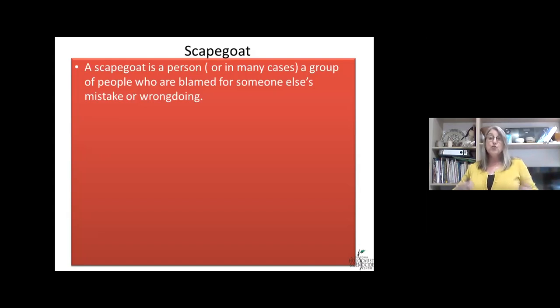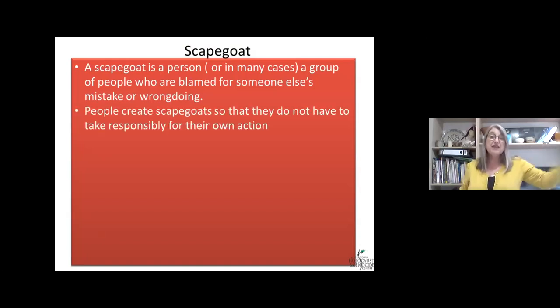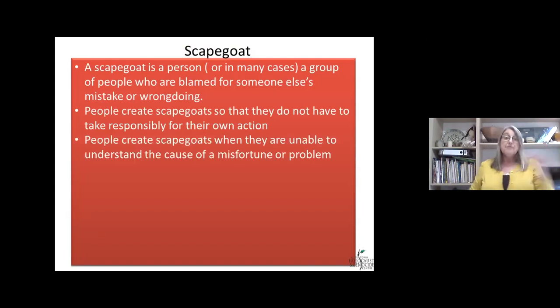So you will, for instance, use perhaps people from other countries in Africa as a scapegoat, blaming them for things that they may not have done, or things that they have done, but then you put another spin on it instead of taking responsibility for one's own action. People often create scapegoats because they're unable to understand the cause of a misfortune or a problem.